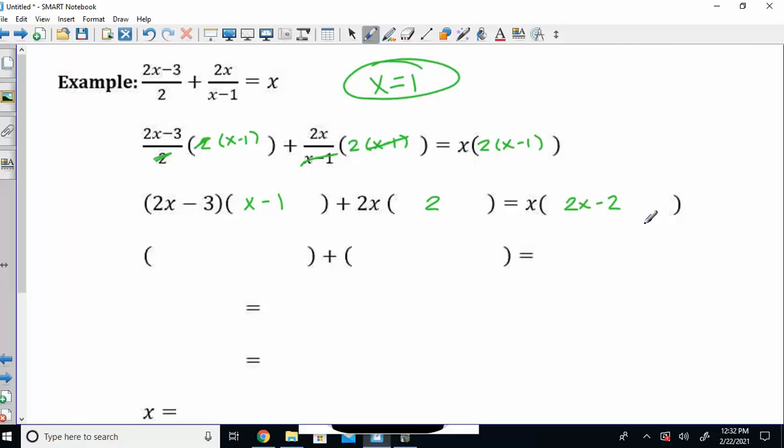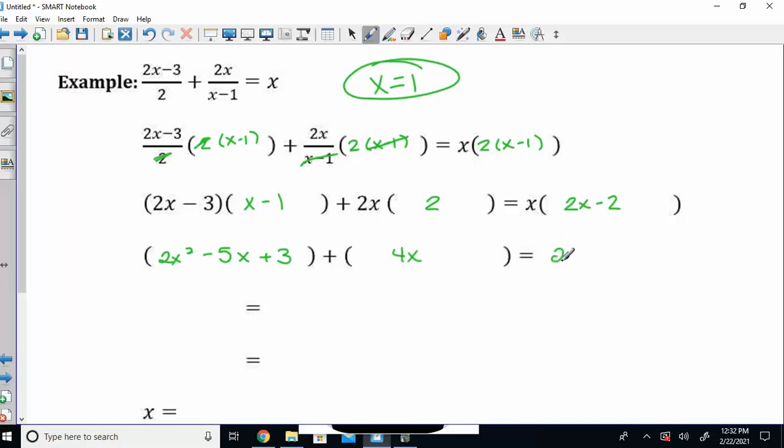Alright, what do I do from here? Multiply it all out. So if we FOIL these, we get 2x squared minus 2x and minus 3x makes a minus 5x plus 3. 2x times 2 is a 4x.